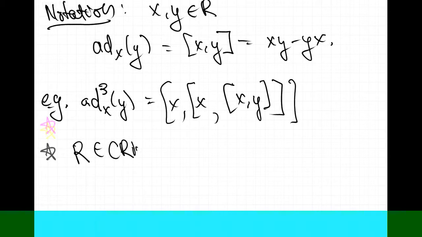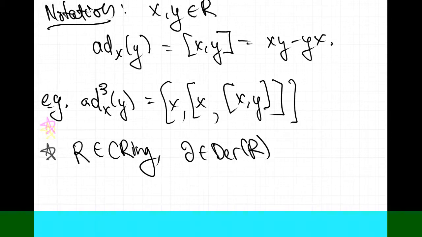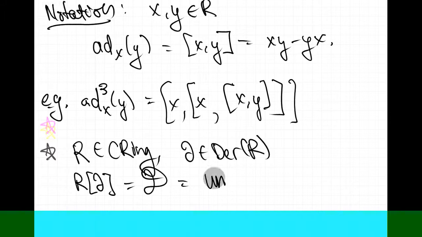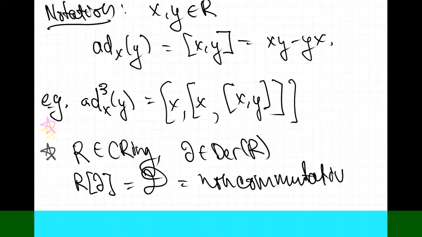Then you could take a derivation on R, and then you could make this here. Sometimes people call this script D. This is a non-commutative ring of derivations.